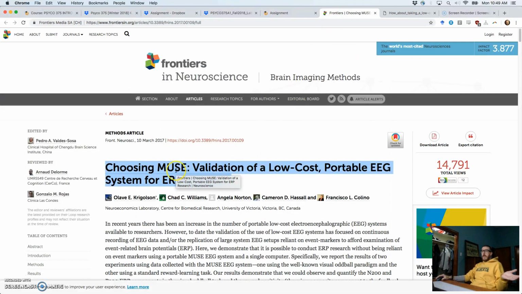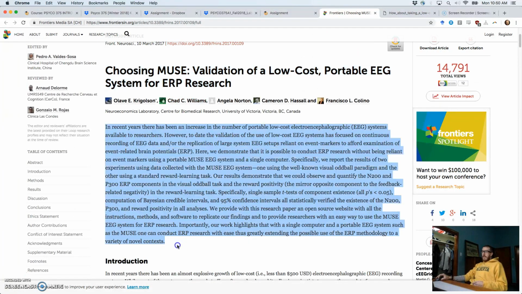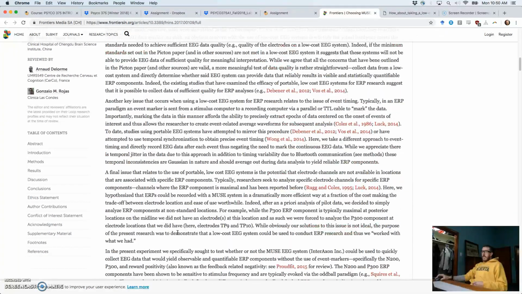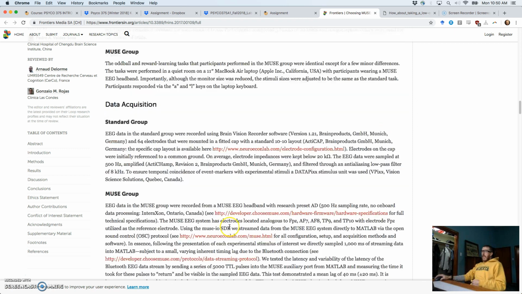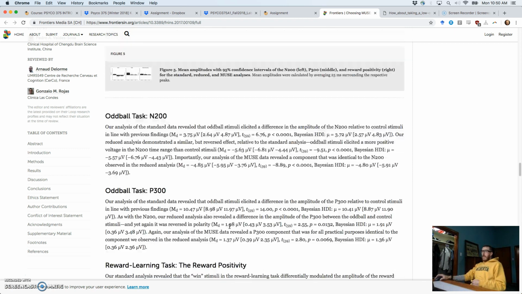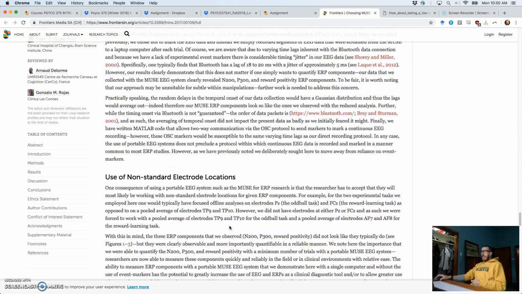If we pick this other paper, Olav's paper, instead, we can read the abstract. We can read the last sentence of the introduction, which again says, "Our hypothesis was simple. We predicted that we would be able to see and quantify the N2 and P3 from the Muse system." So you can just glance at these papers, read one paragraph, and get a sense of what they're talking about.